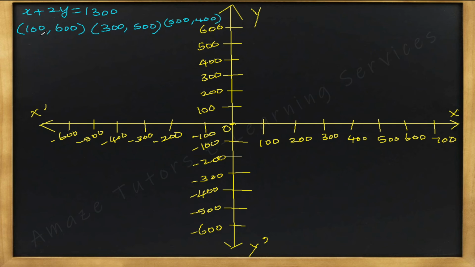We will plot them one by one. 100, 600 is this point. 300, 500 is here. 500, 400 is here. Let me join them using a line.